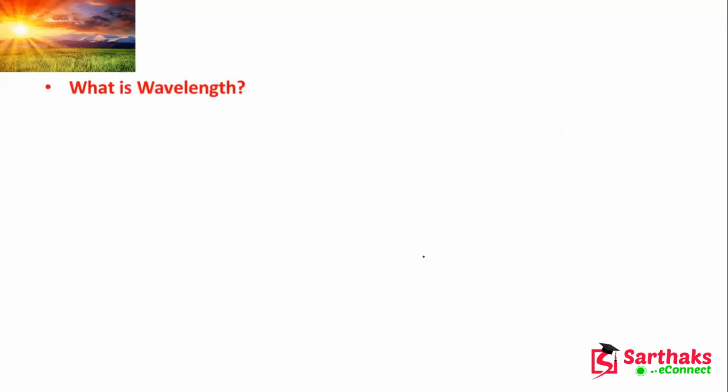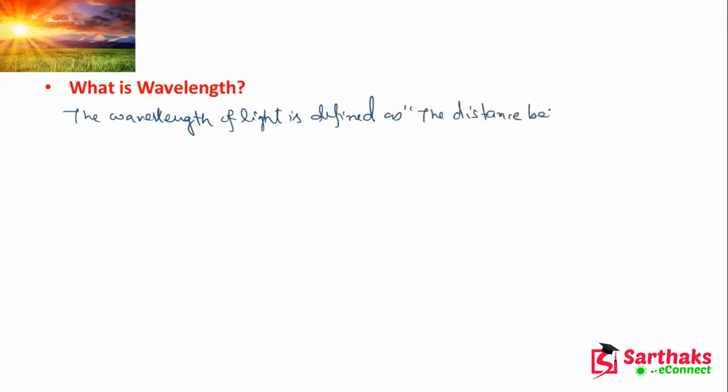Now what is wavelength? The wavelength of light is defined as the distance between two successive crests of a light wave.